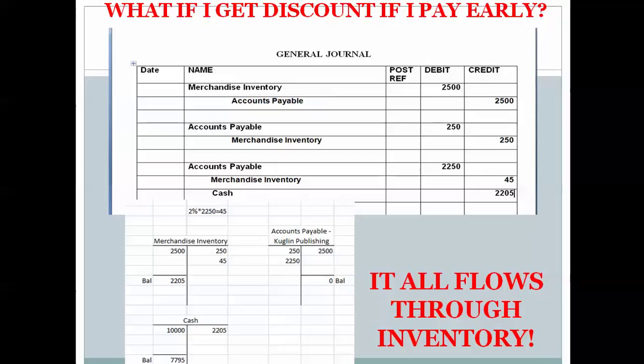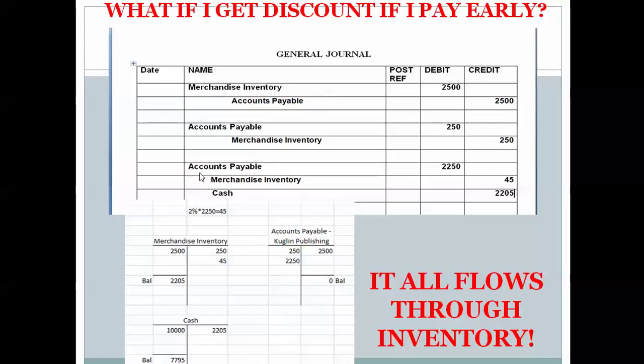Now, if we had purchased those books and we had sent some back and it comes time to pay the bill, what happens? How do we record it if we take advantage of that 2% discount? Well, here's the original journal entries: the merchandise inventory, accounts payable, sending the products back, reducing accounts payable, reducing inventory.